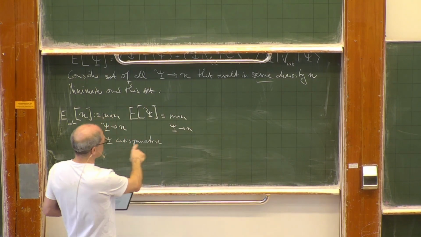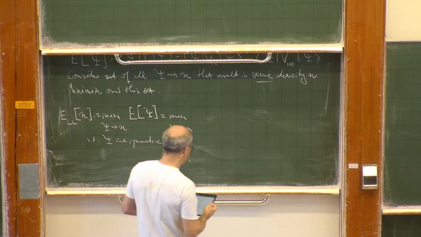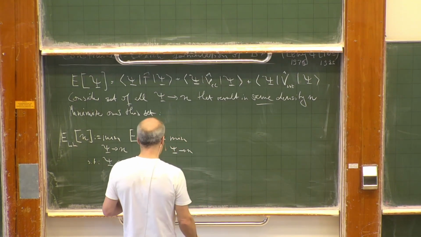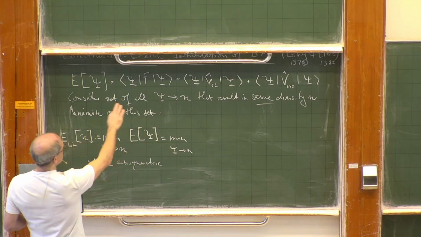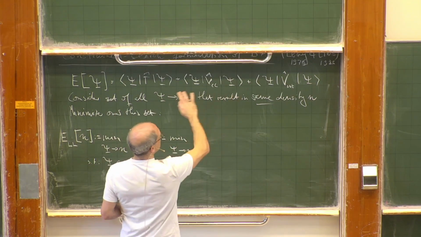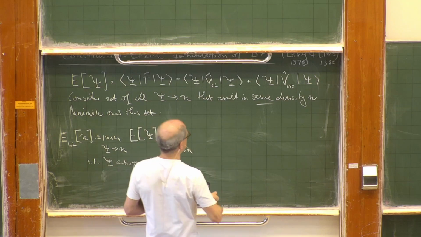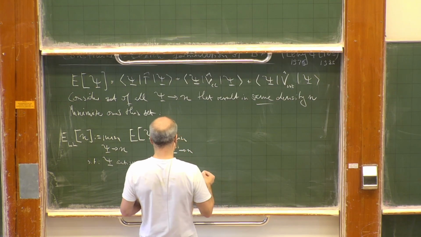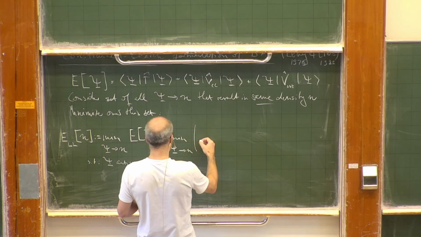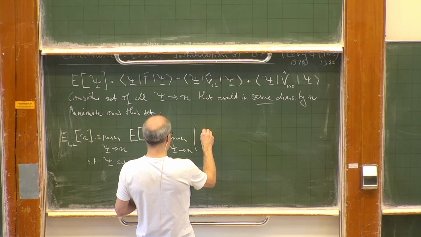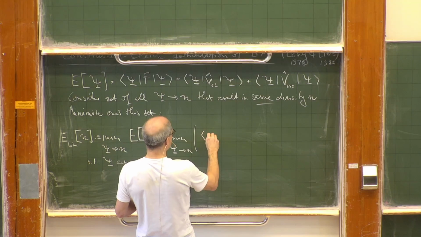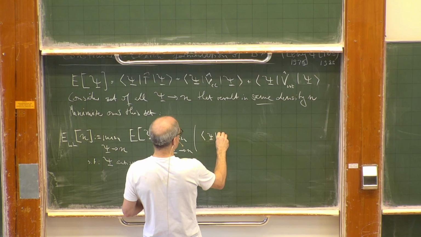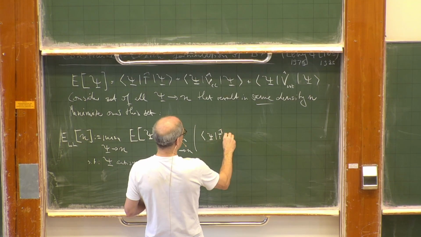I'm not going to write each time this condition of the antisymmetry. And now we can decompose this into two parts, one that depends on the external potential and one that does not. So in particular, this minimization is sufficient if it refers only to those parts that do not depend on the external potential.